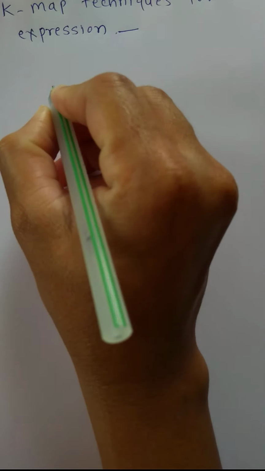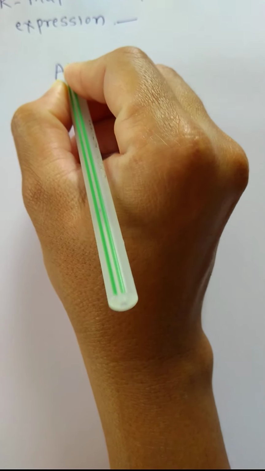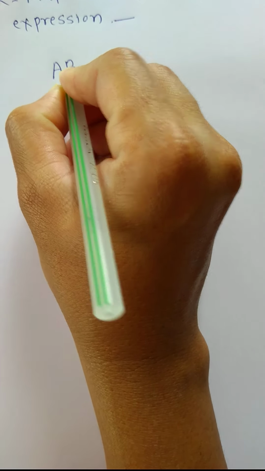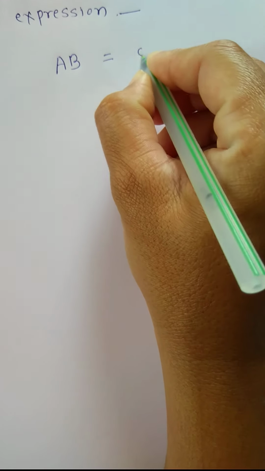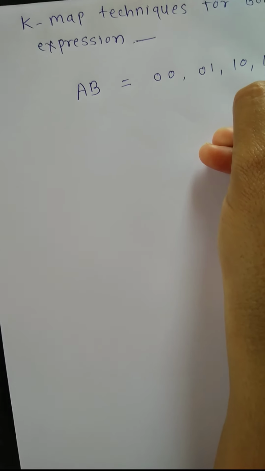How do we represent the K-map structure for 2 variables? If in the expression or truth table there are 2 variables A and B, then there are 4 possibilities: 0 0, 0 1, 1 0, 1 1.